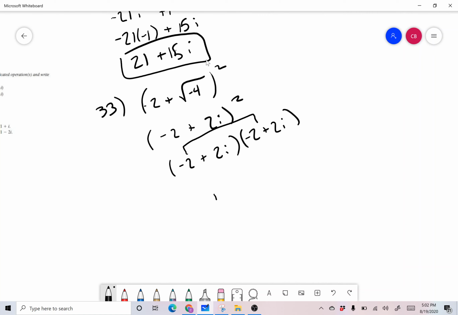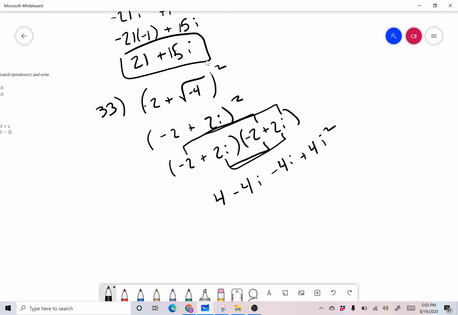Negative 2 times negative 2 is 4. Negative 2 times positive 2i is negative 4i. Positive 2i times negative 2, that's negative 4i, and positive 2i times positive 2i, that's positive 4i squared.